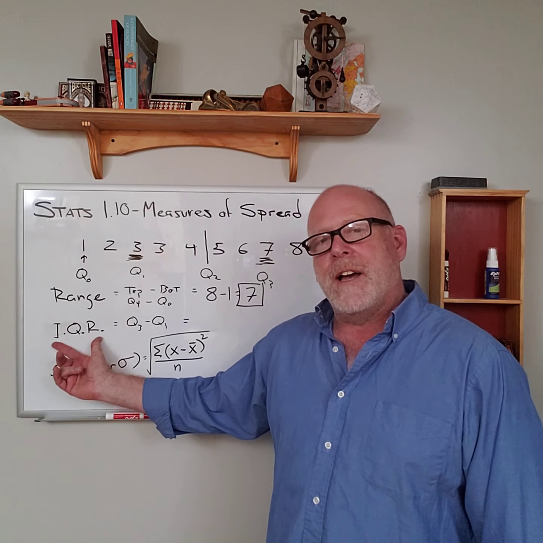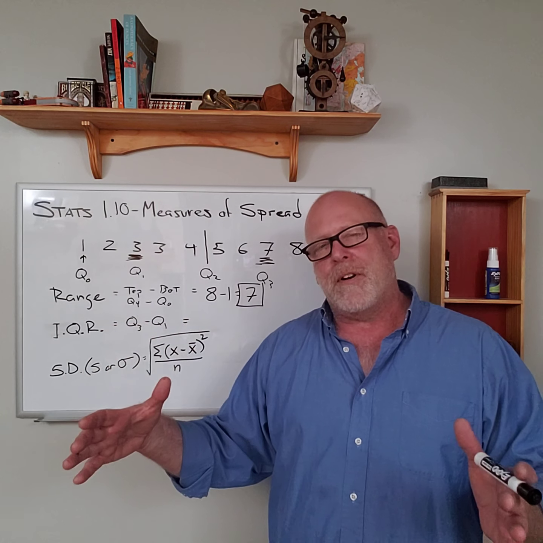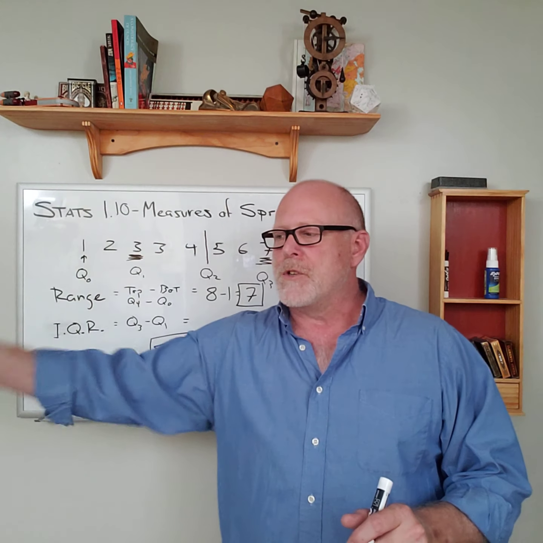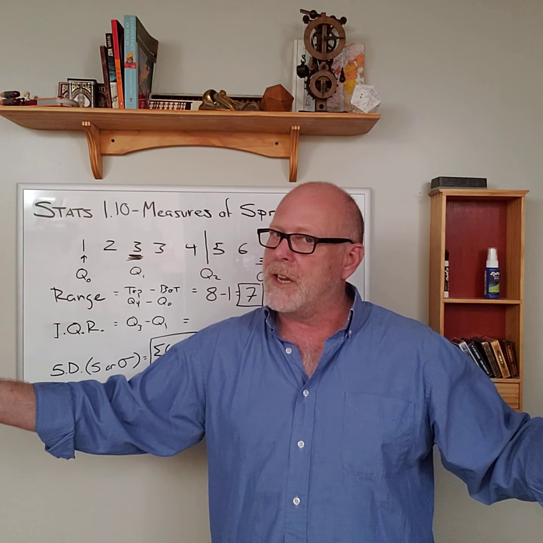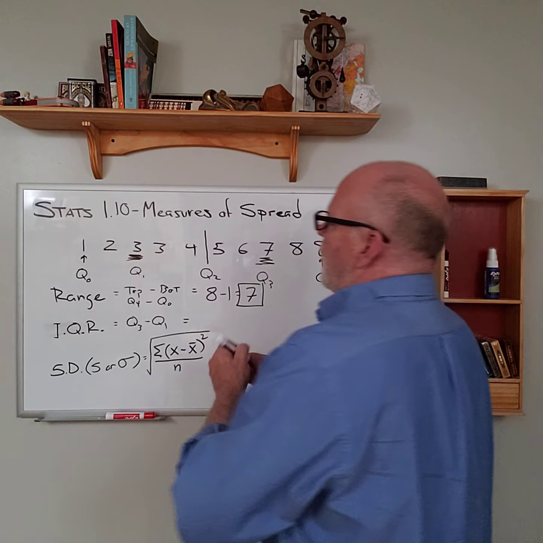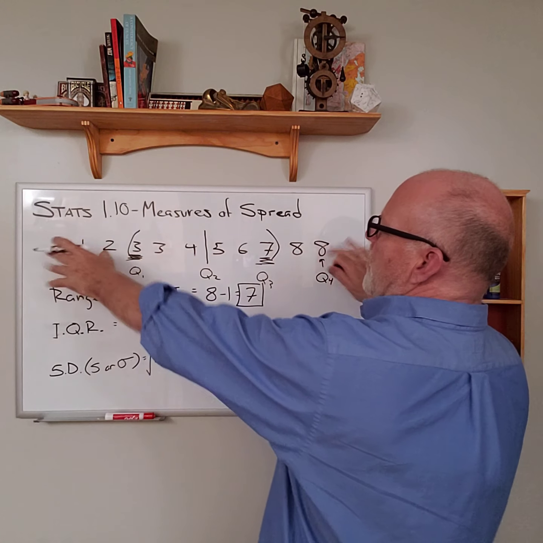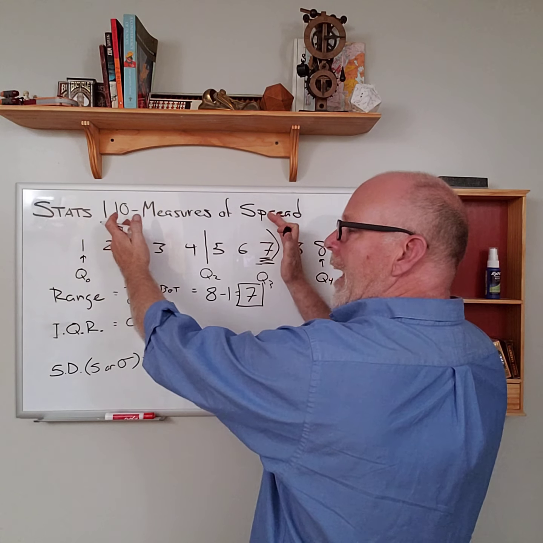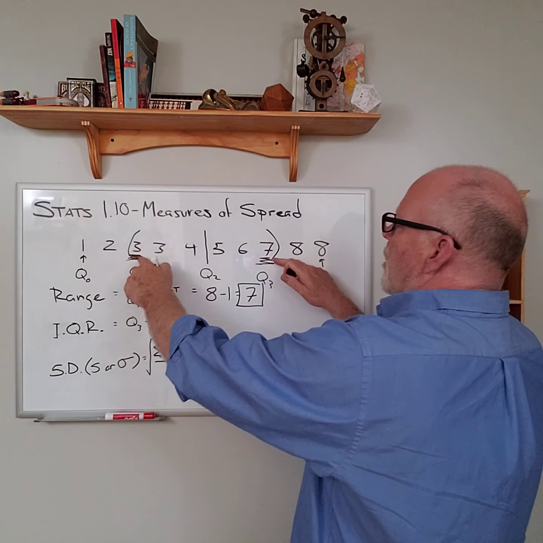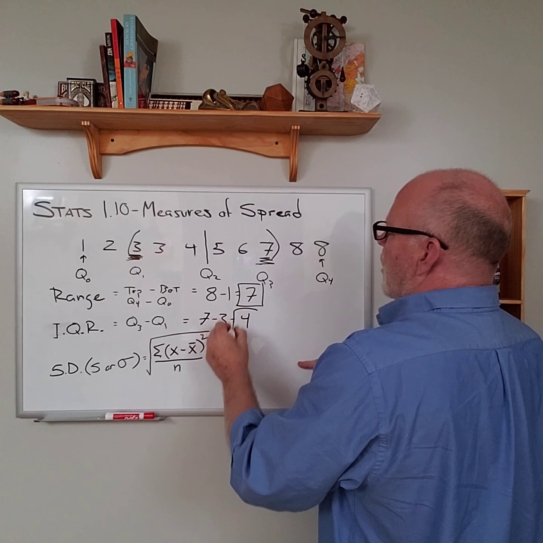The interquartile range says the middle half of the data is this spread out. So the range says from the smallest to the biggest of the whole set of data, that distance is 7. But if I look at just the middle half of the data, I leave out the ones on the ends, look at the middle half, the most typical of the population, they're not quite as spread out. 7 minus 3 is 4.